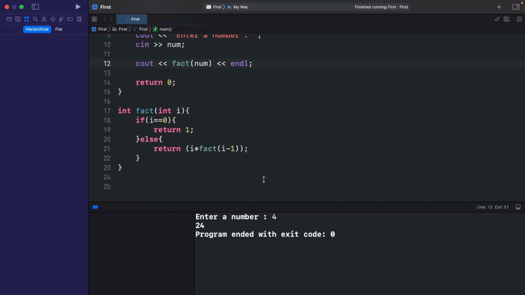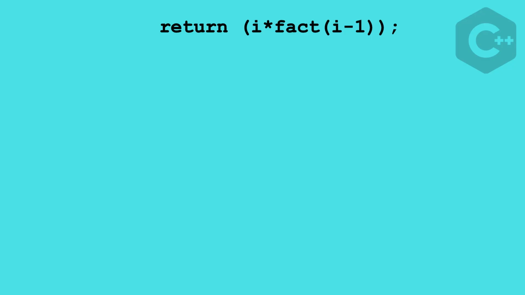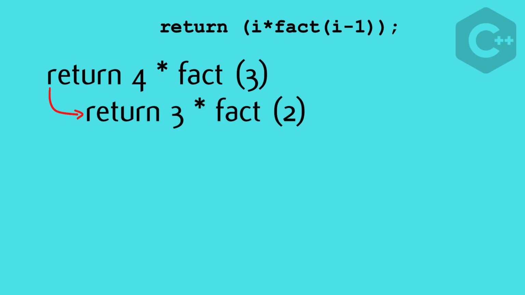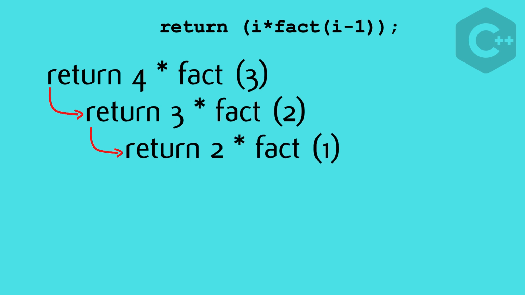Let's go through the flow once again. Here when I entered 4, it actually returned I, that was 4, into the fact of I minus 1, that is fact of 3. Now fact of 3 will again return 3 into fact of 2 and that will again return 2 into fact of 1.